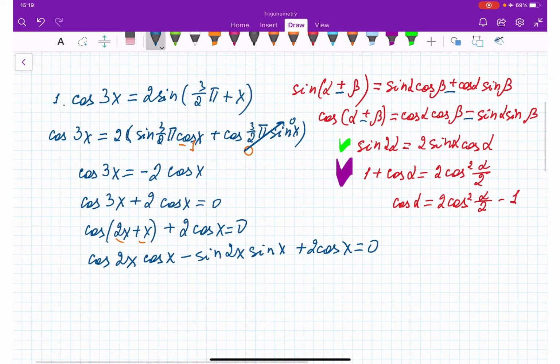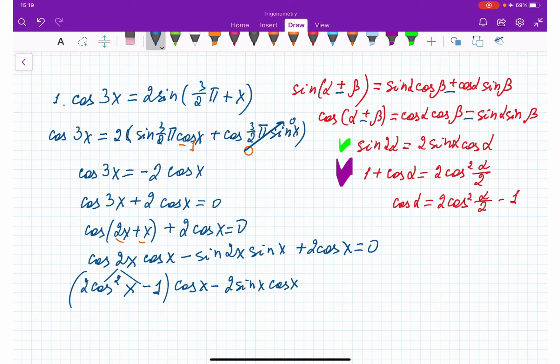Therefore, I'm going to break down cosine 2x as 2 cosine squared x minus 1, because half of 2x is x, times cosine x. And sine 2x breaks down to 2 sine x cosine x, times sine x, and plus 2 cosine x.